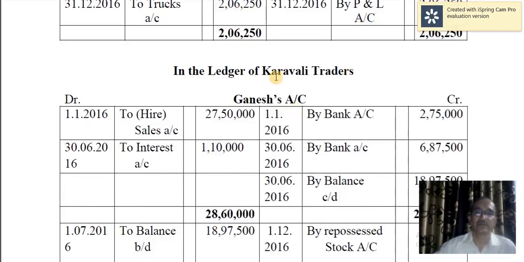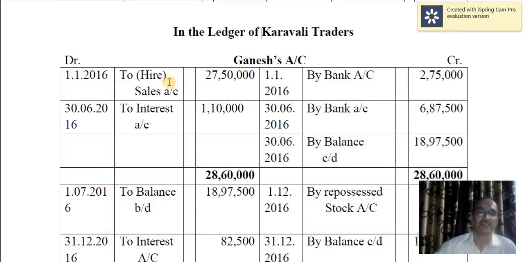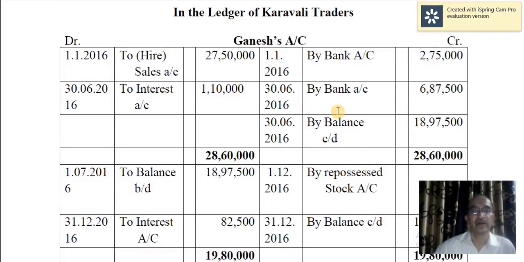Now ledger accounts in the books of Karavali traders. So first one, for sale of 5 trucks to Ganesh, accounted to sale, but it is regarding hire sale, therefore hire sale is recorded here, written here. So 27,50,000, and down payment received is 2,75,000, and interest due is 1,10,000 by Ganesh.